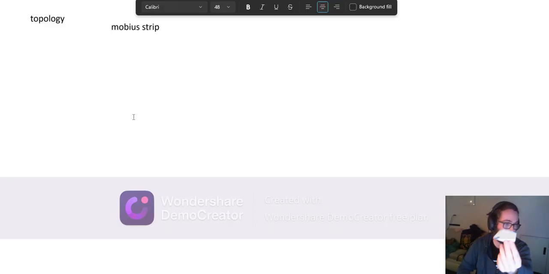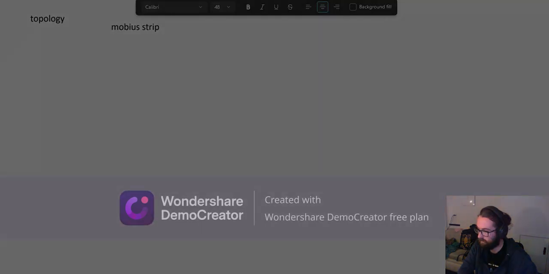The same is true of the edge of the mobius strip. So if I take this edge and follow it all the way around, I'm going to end up back where I started. I'm going to bring an image of a mobius strip up on screen. Hopefully this will upload. I've just taken something from Google Images because it's hard to see, especially with topology.